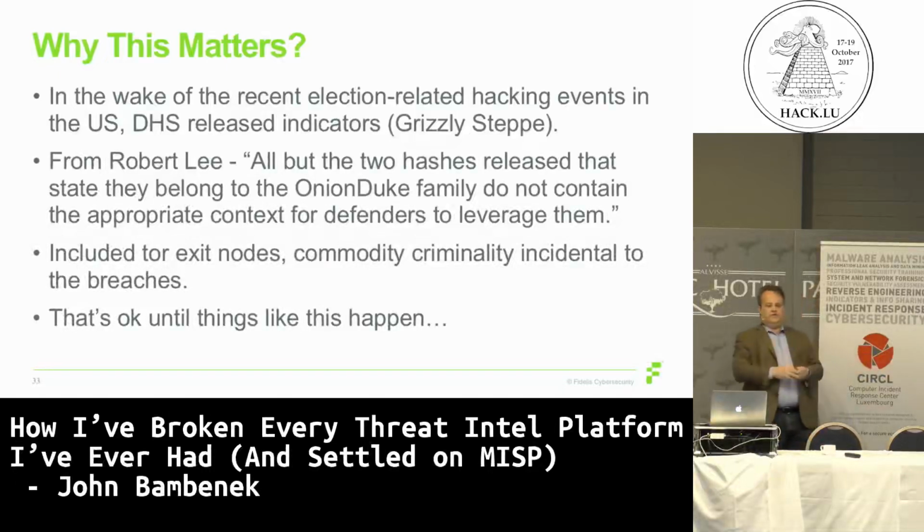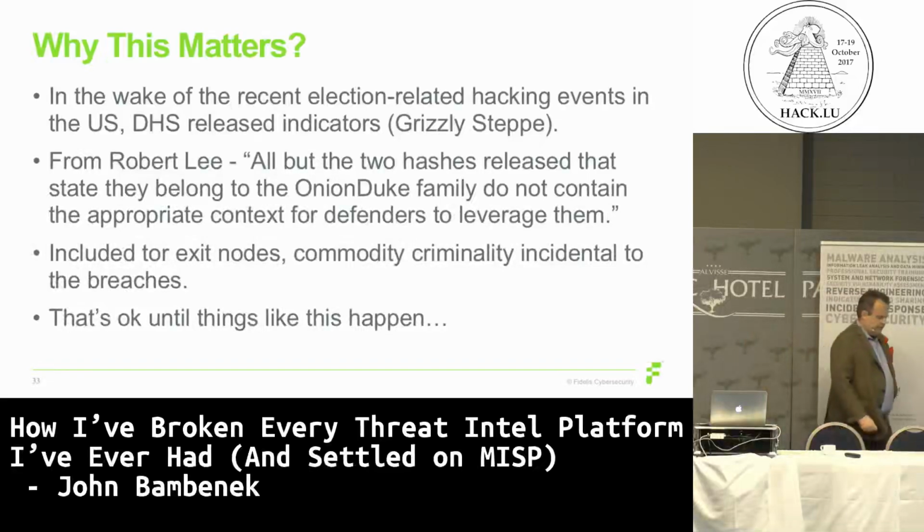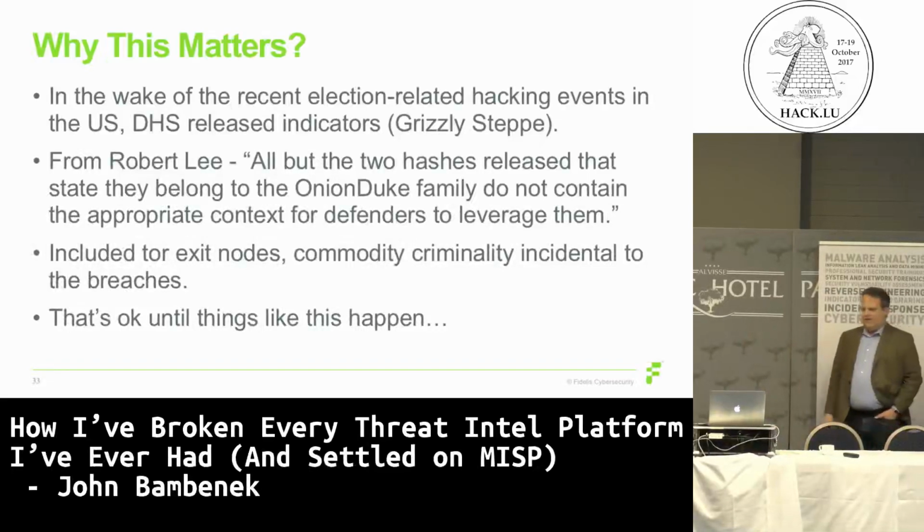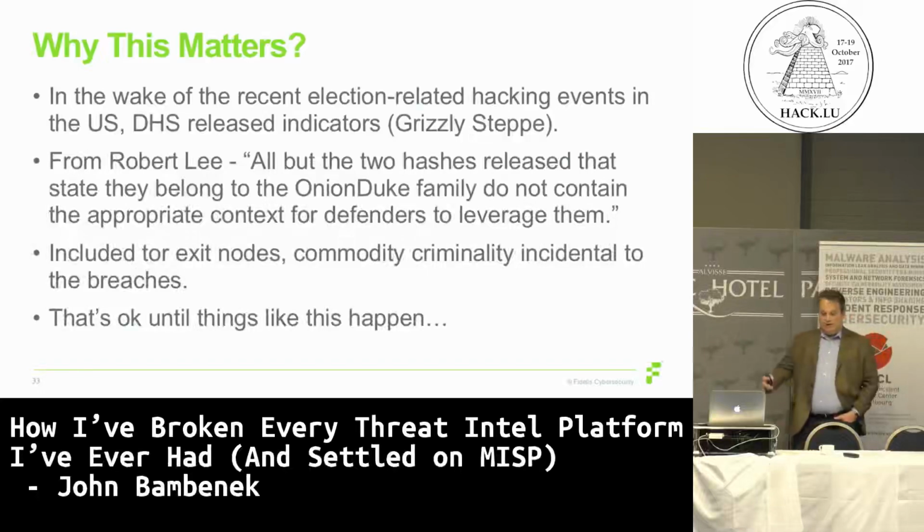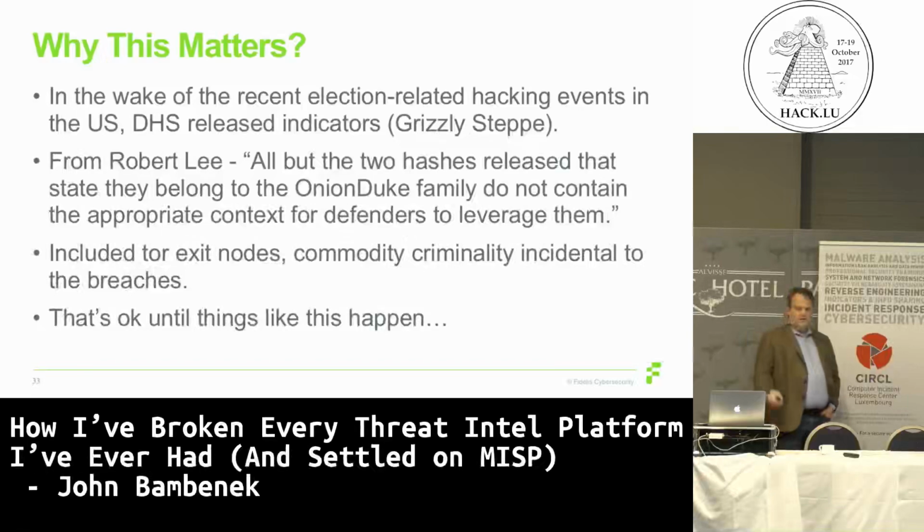Go have fun. Look for this on your network, right? Hilarity did not ensue. For example, a fellow researcher said all but 2 of the hashes were stated to belong to Onion Duke, which is their name for one of the pieces of malware, but didn't have appropriate context. So nobody knew, hey, if I see this, what does it mean?